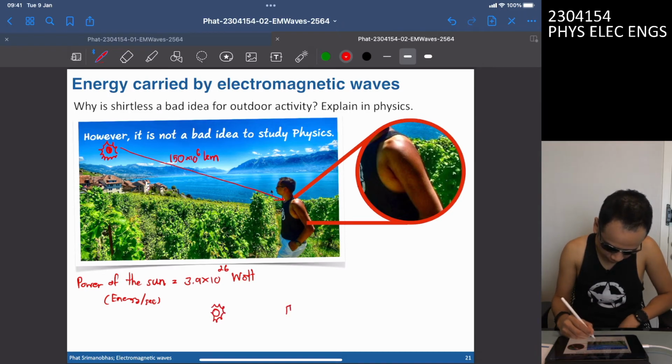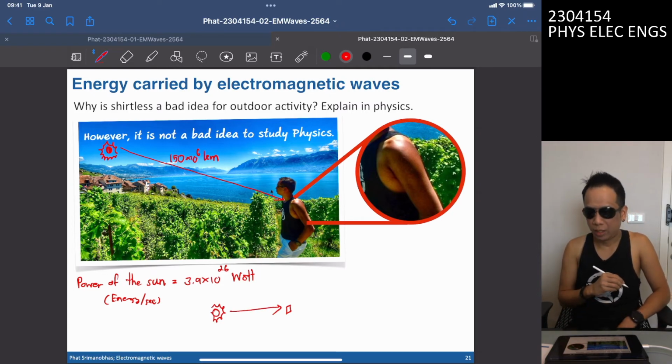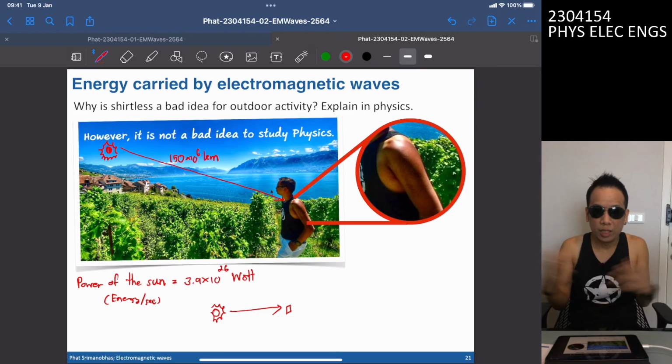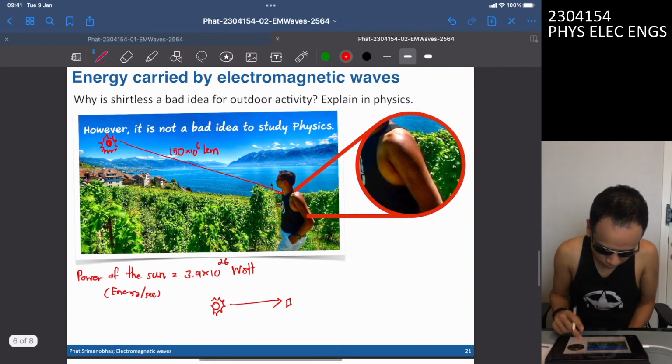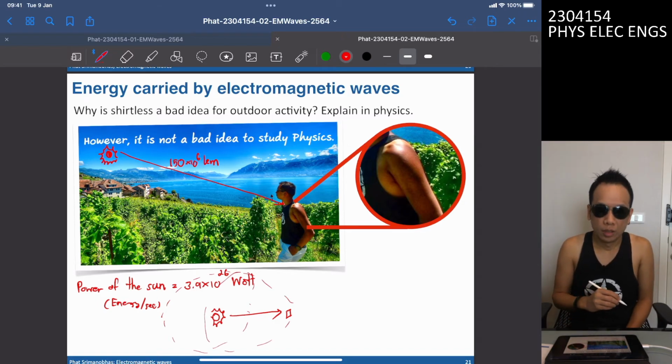Then this is the sun, and this is the area we are talking about, right? What is the size of the Poynting vector, or the intensity, that you will get? The sun radiates in all directions, right? So we need to talk about a sphere.